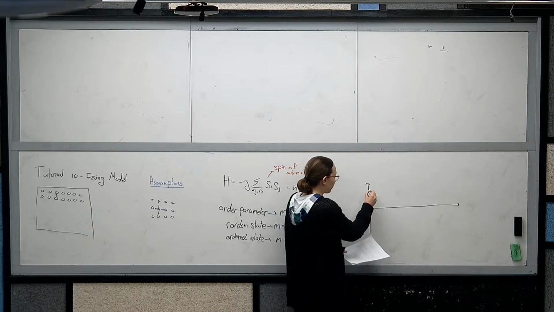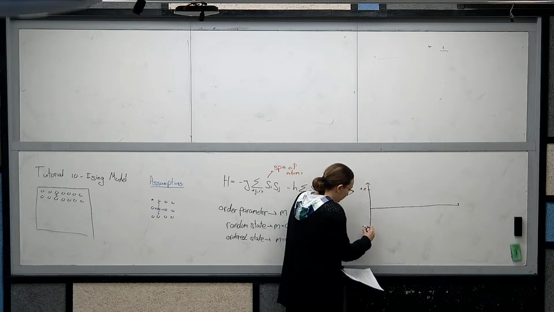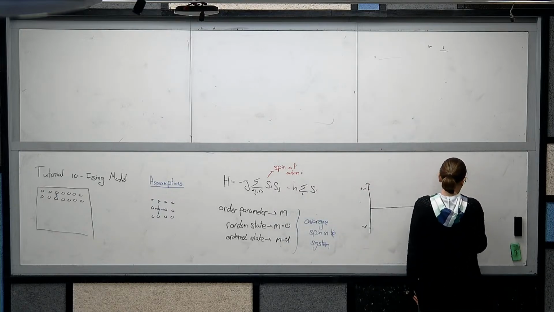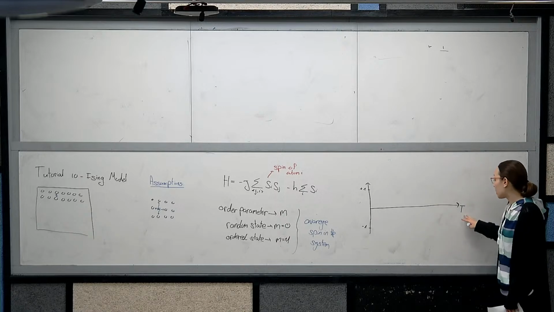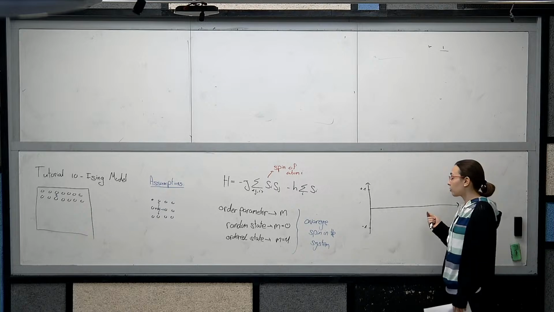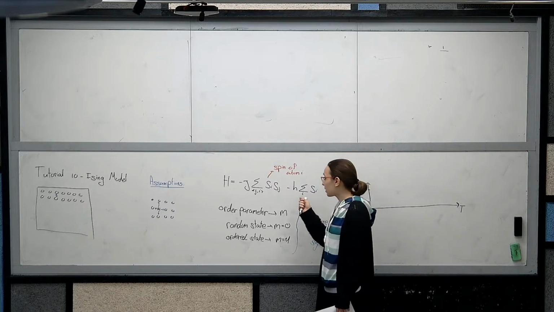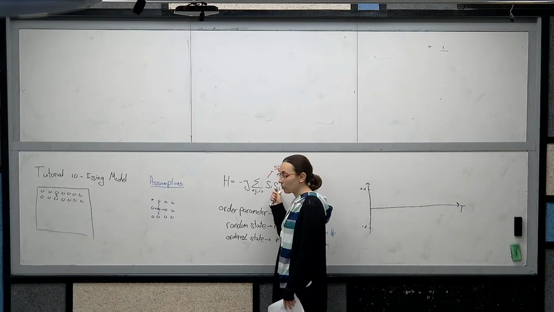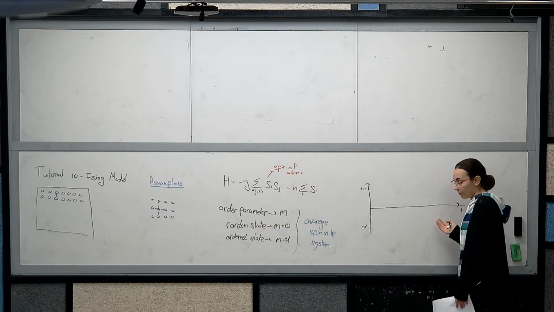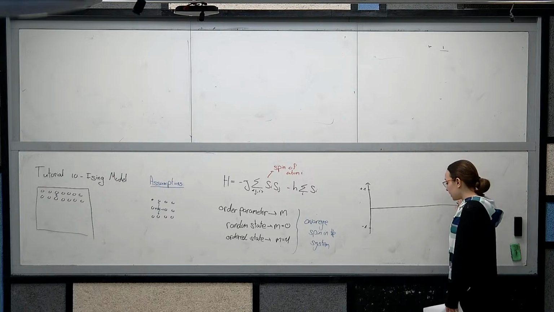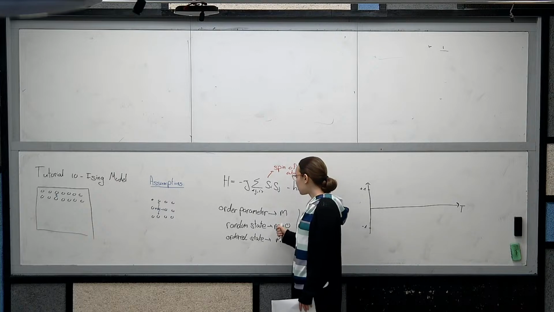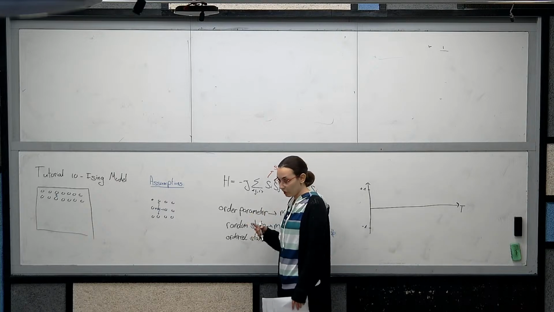So the order parameter graph, we can draw it as something like this. If we have here +1 and -1, we will draw it as a function of the temperature. We're expecting that for high temperatures, we won't get any effect of the energies on the states of the spin, so we'll get a totally random state. As we decrease the temperature, we expect that the system will go to its minimal energy state.